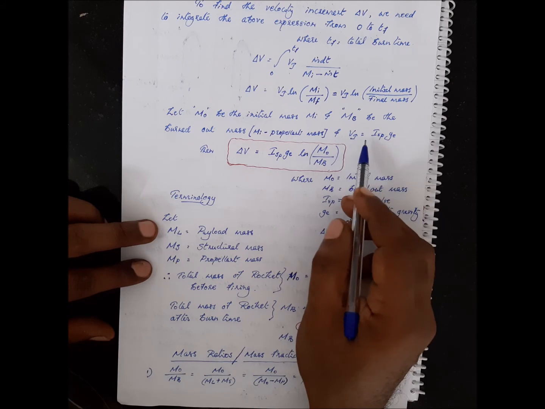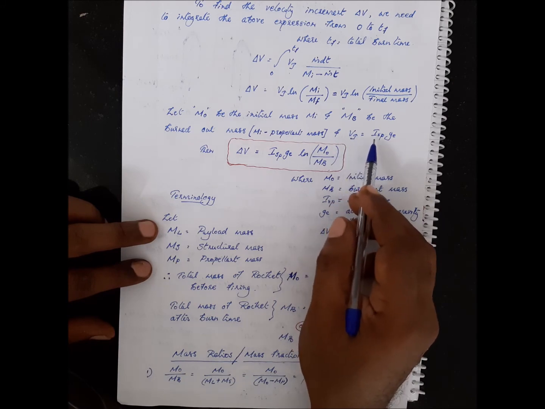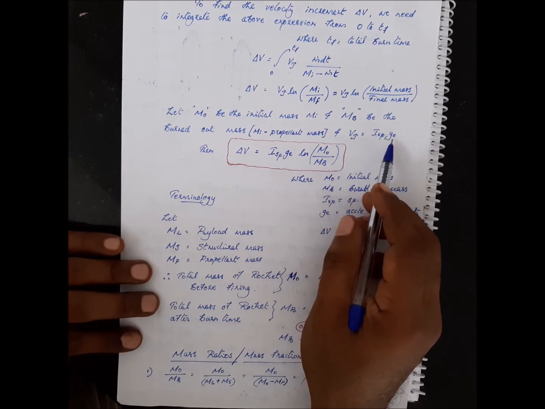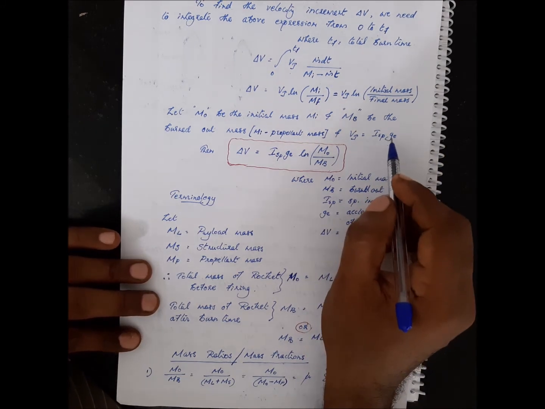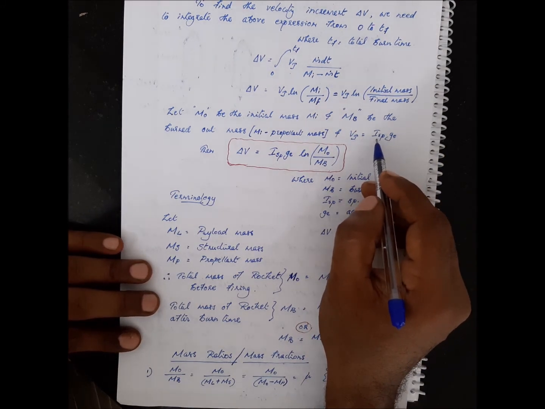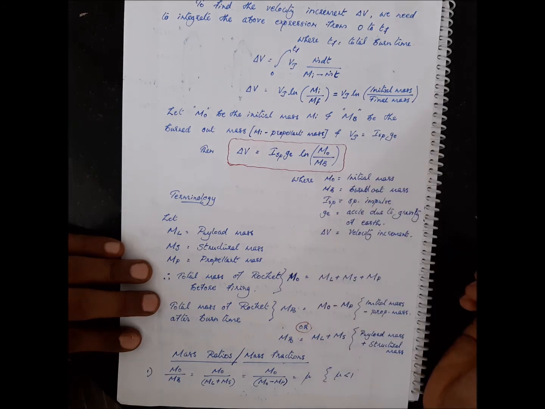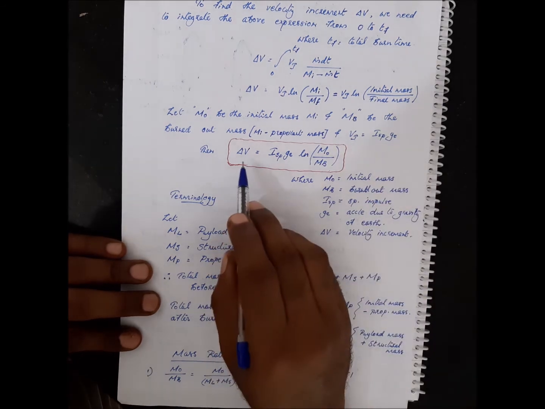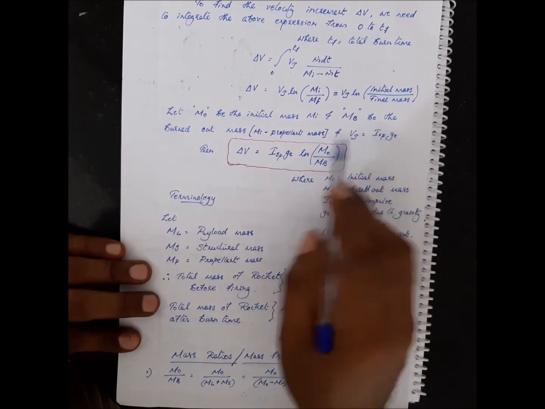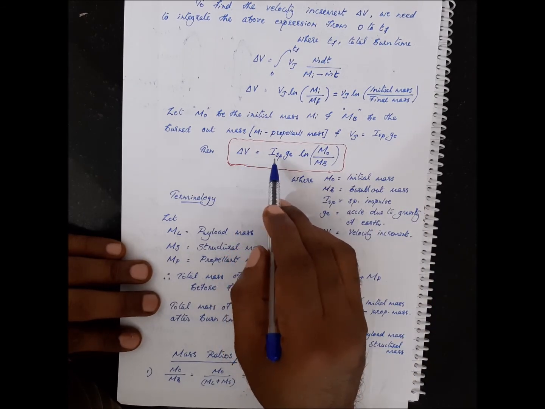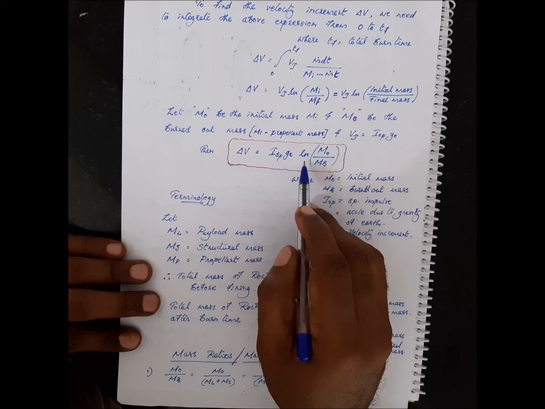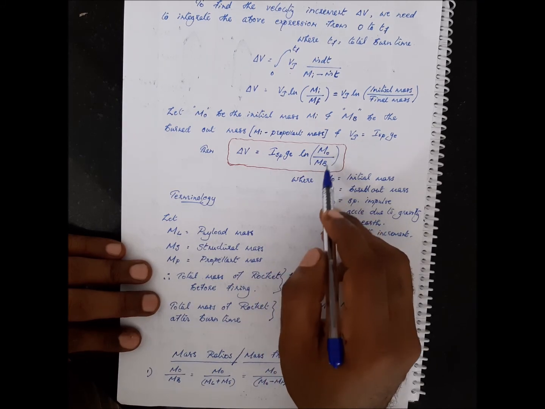vj is the ejection velocity, which is equal to Isp into ge, where Isp is the specific impulse and ge is the acceleration due to gravity of the earth. If you substitute these values, delta v is equal to Isp ge ln (mo by mb).